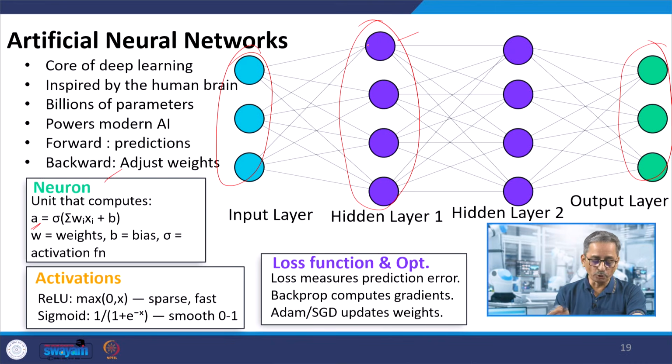This could be the summation of the weights times the inputs, plus if there are some biases, those biases can be added, and then the result is passed on to the activation function. And that is how we get the output. The very popular activation functions are ReLU and sigmoid, and we use the loss function to measure the prediction error.